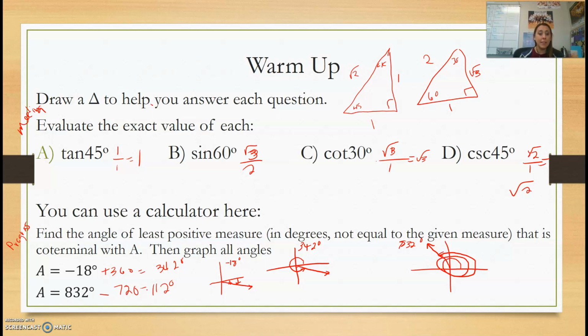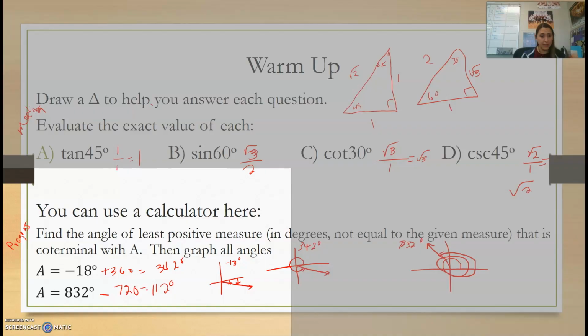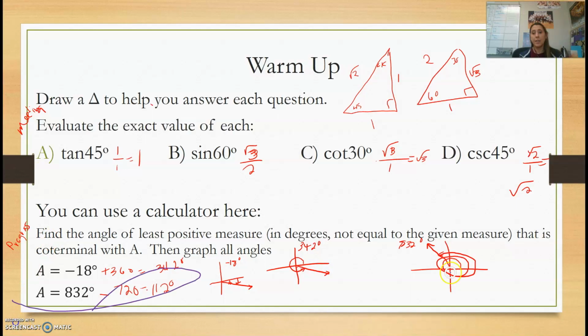So that would be my 832 degrees because I went around that many times. What this is asking right here is, what is this angle right here? If you started right here and went to here, well, that would be 112. So that's what that question is asking.